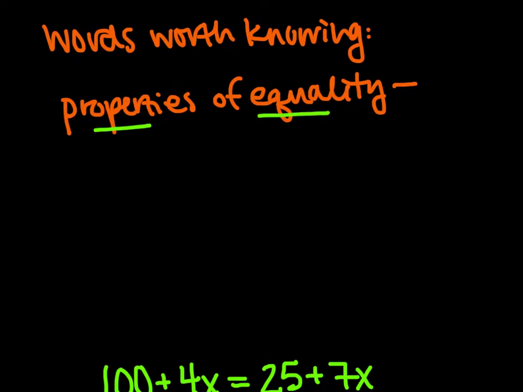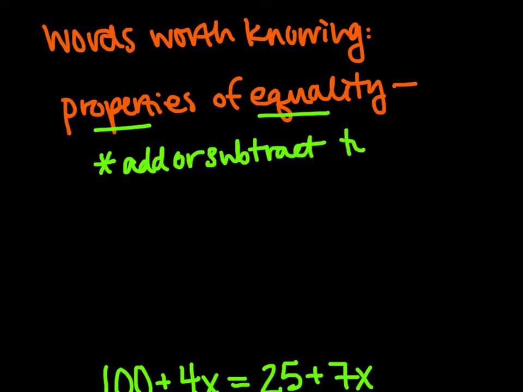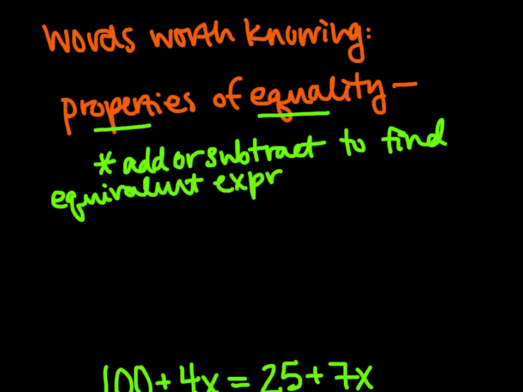Properties of equality are essentially things that you have learned in Moving Straight Ahead from 7th grade. And what you will find is that you essentially can add or subtract to find equivalent expressions.